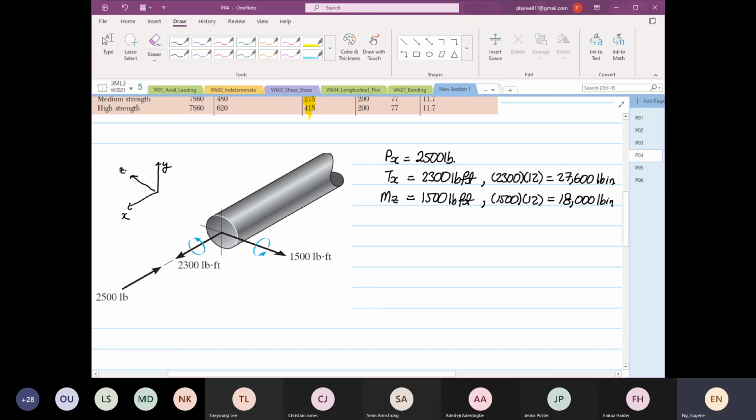Let me do it again: 2300 times 12 is 27,600, 1500 times 12 is equal to 18,000. That's correct. So now, knowing all these values, we can immediately go and find our stresses.